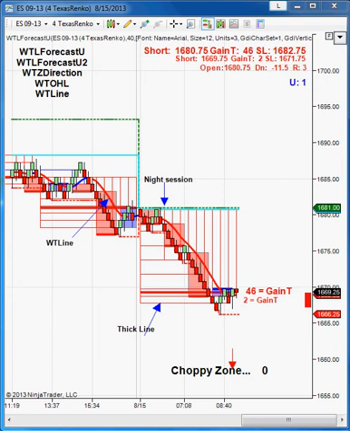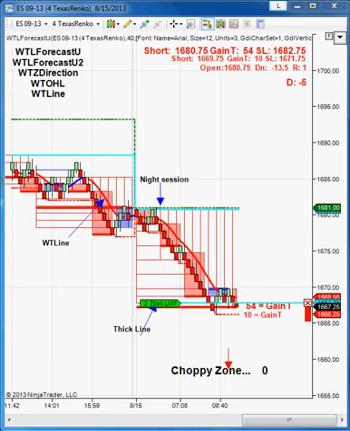Sometimes when they open the market it jumps a little bit, 2 or 3 points up, but we are not worried, it will go down. We know our line is telling us the D is 0, okay, it's not going higher.